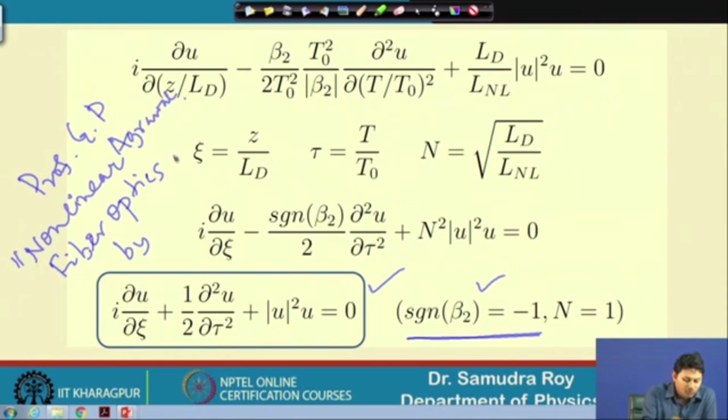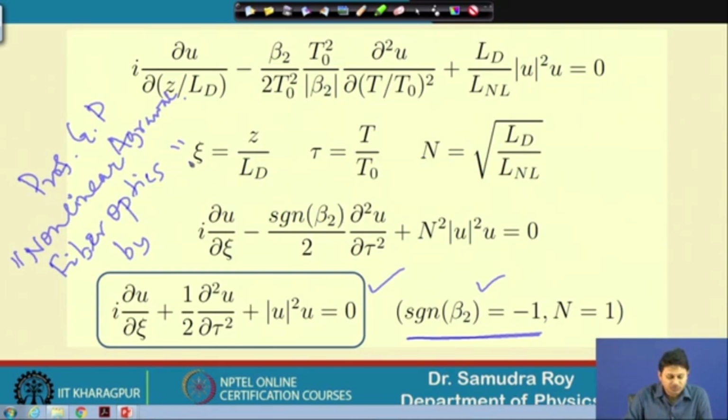If you follow this book, they have a numerical solution of this equation. If you are interested, you can go with that and write the code in a computer and solve it. Otherwise, it is very difficult to solve this equation in general, and you need to use something called the inverse scattering method, which is a very extensive method.